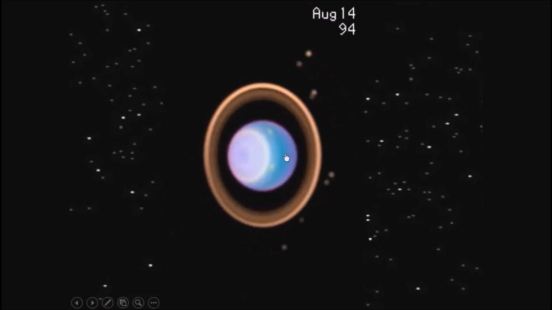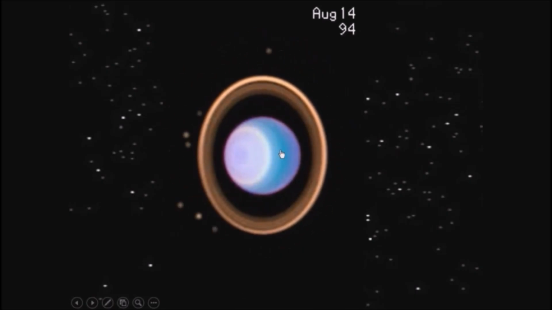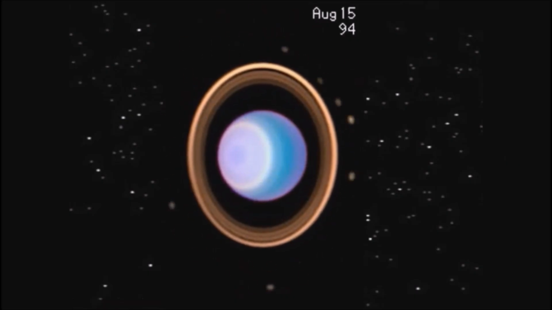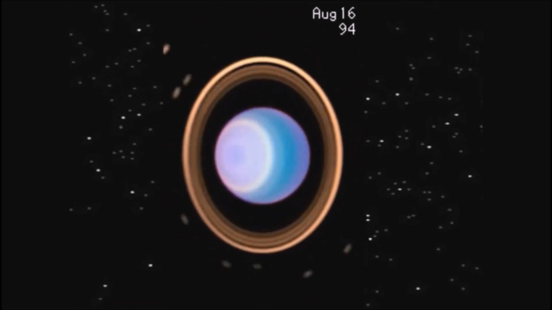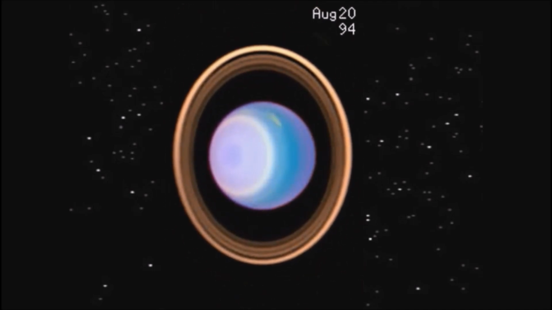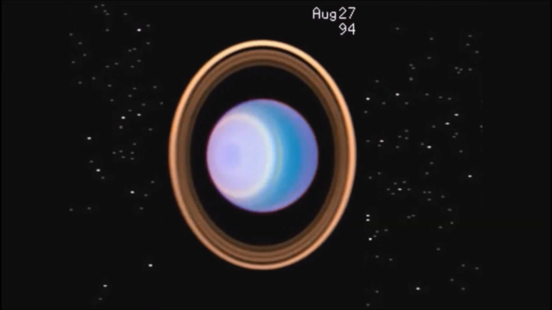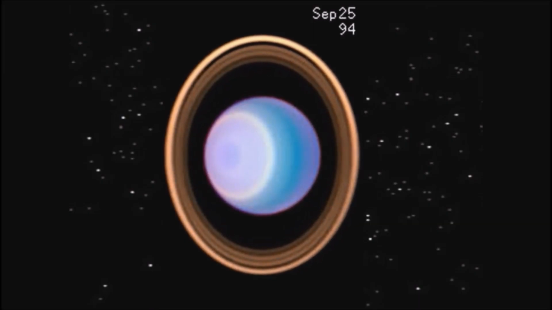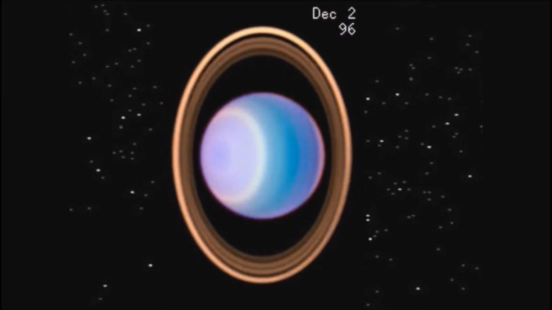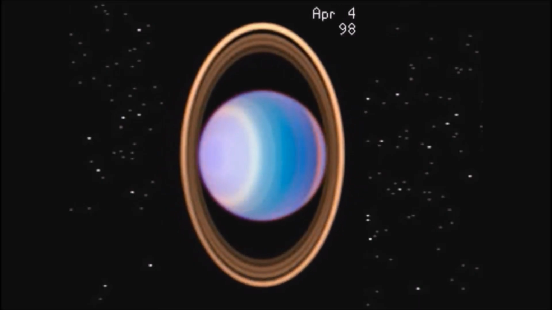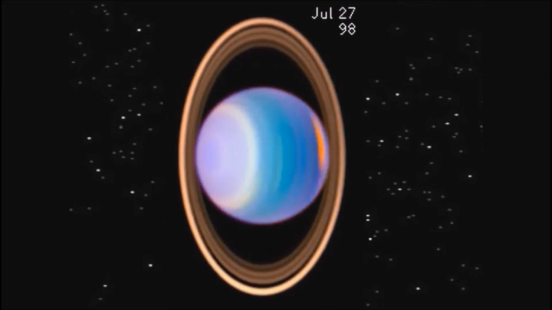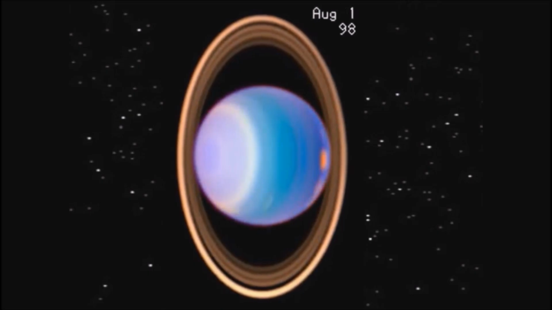And there's actually atmospheric features. White, probably ammonia clouds that have formed in its atmosphere, rotating around the planet. And now we're going faster and faster. The effect you're seeing with the rings there is just Uranus rotating relative to us, moving around in its orbit.